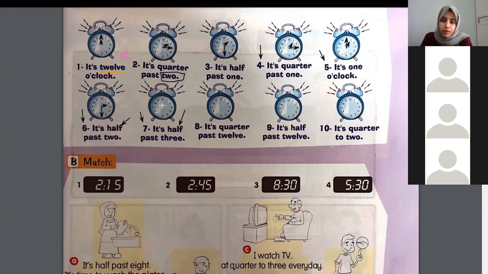What do you think? Half means in the middle. So what's the middle here? 12, or 3, or 6, or 9?